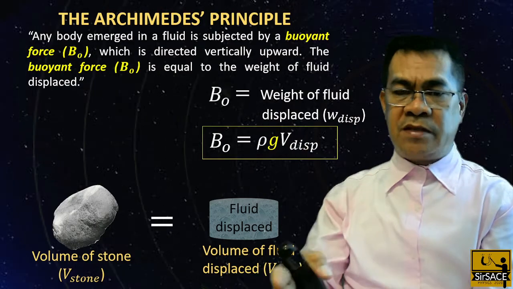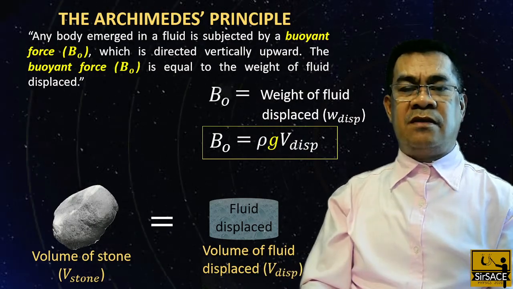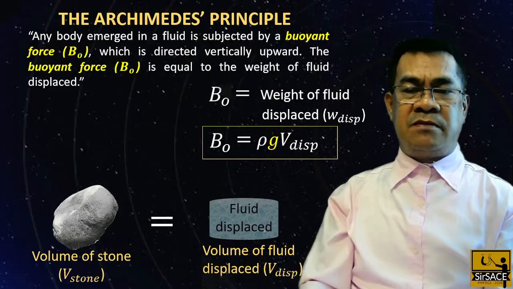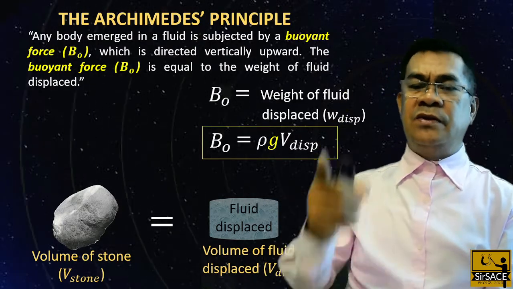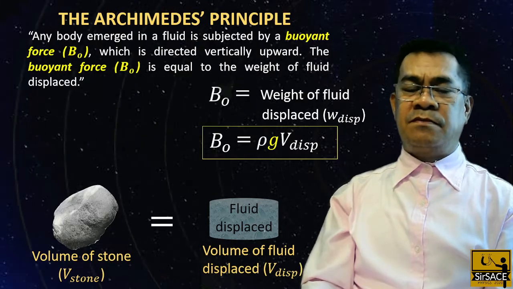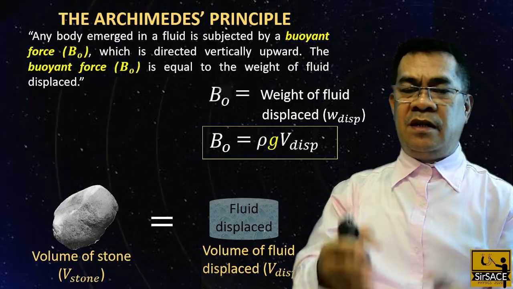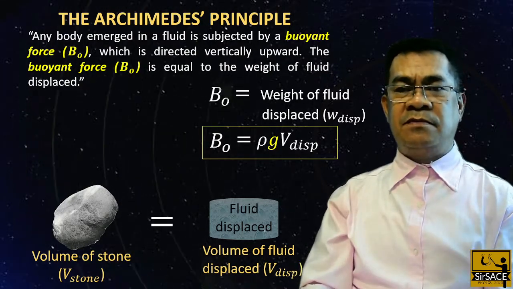The volume of that is the same as the volume of the fluid displaced. We call this the displacement process. If you don't know the volume of the stone, then measure the weight of the displaced fluid, and they have the same value.